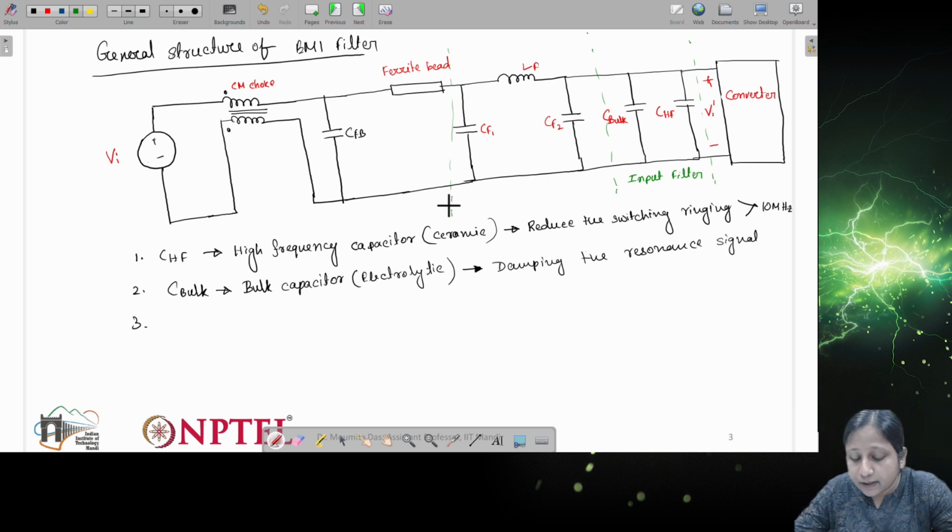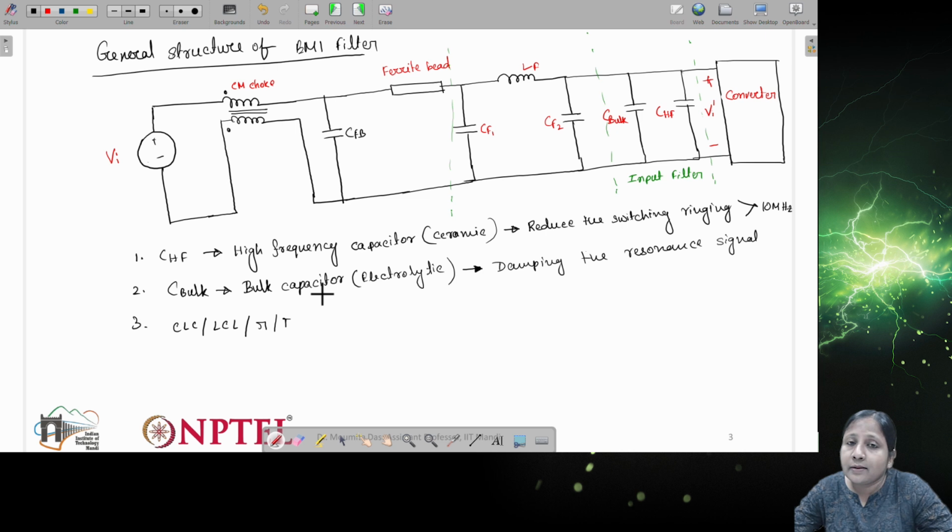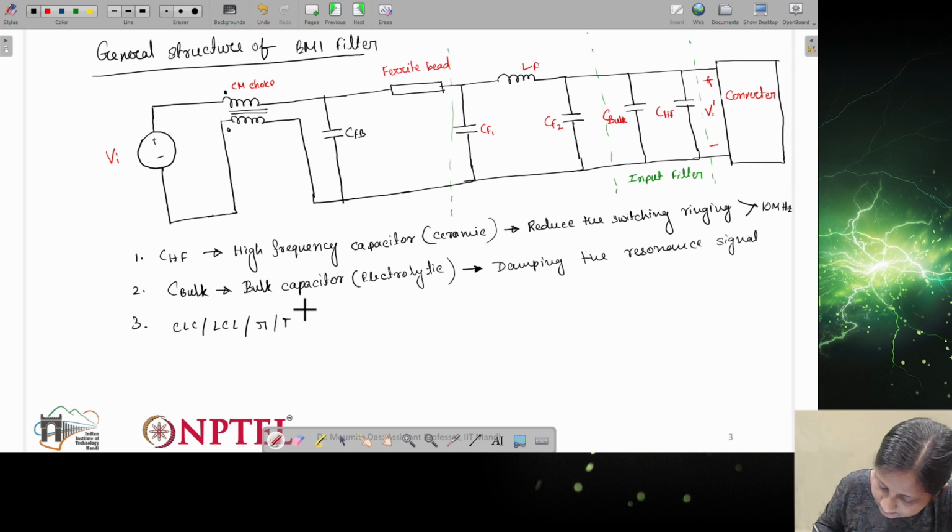So this is the part where basically we are considering, here I have considered CLC type of filter. So it can be any other type, CLC or maybe LCL or maybe pi type or T, and it can be also first order, second order, third order, any order filter. So that is depending on the requirement of the attenuation.